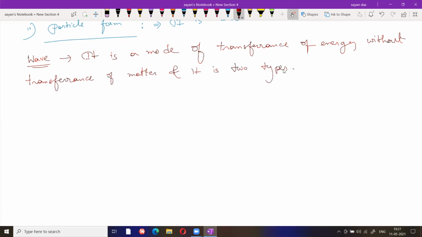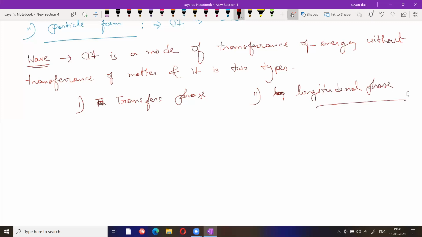Only the names are required. First one is the transverse wave, and the second one is the longitudinal wave. Any doubt regarding this part?